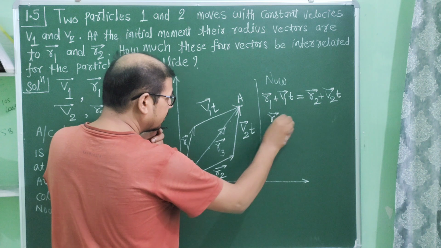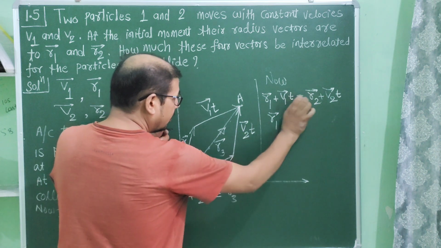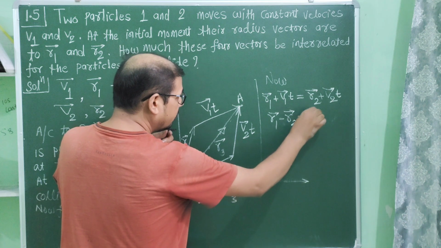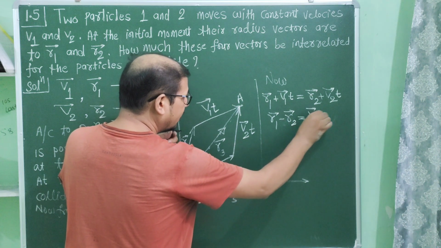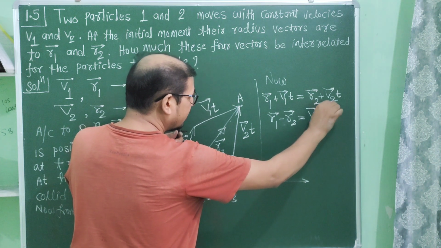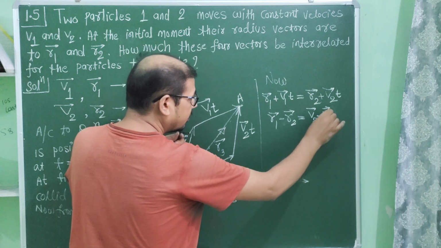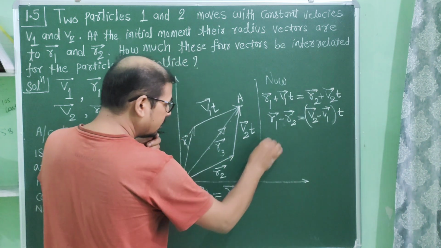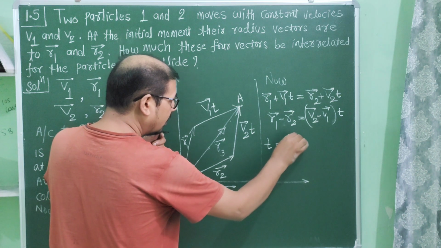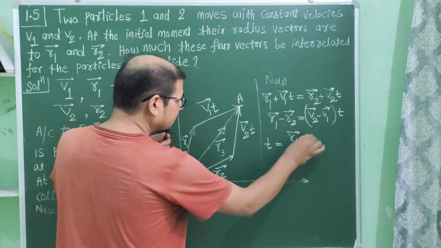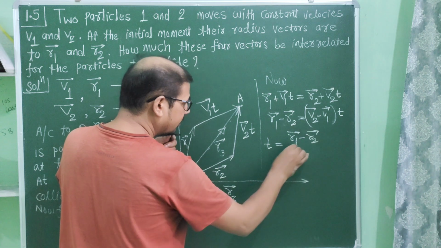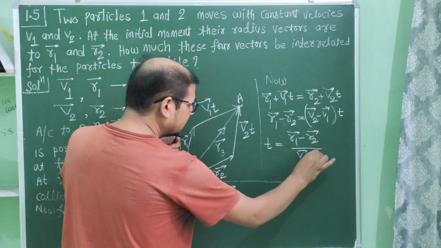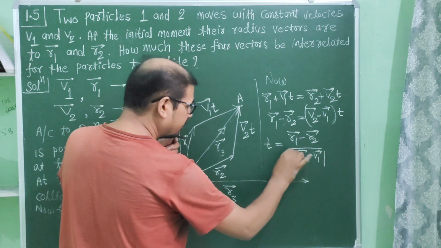R1 vector minus R2 vector is equal to V2 vector minus V1 vector into t. t equals R1 vector minus R2 vector divided by V2 vector minus V1 vector.